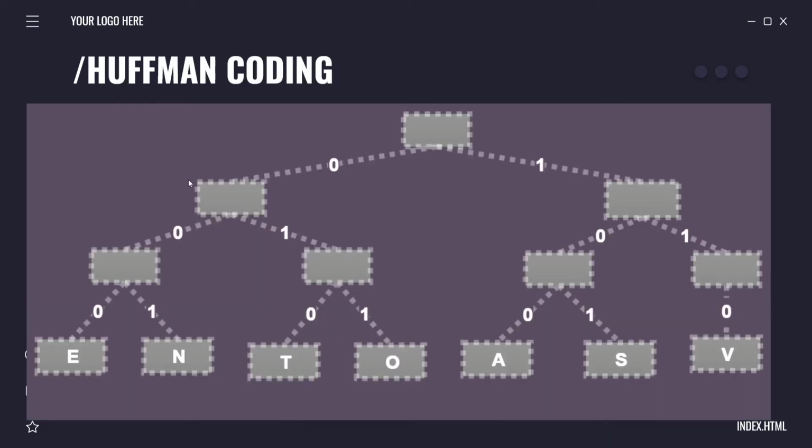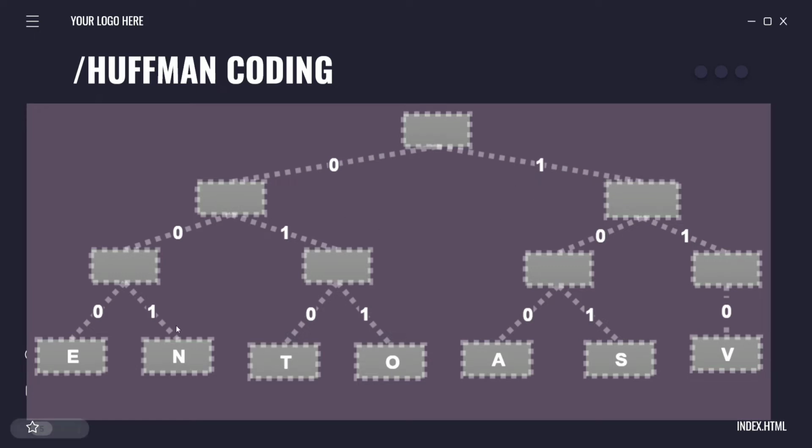So the Huffman coding tree for this particular example would look something like this, with all the letters present at the leaf nodes of the tree. The left traversal would mean a value 0, and the right traversal of this tree would give us the value 1.